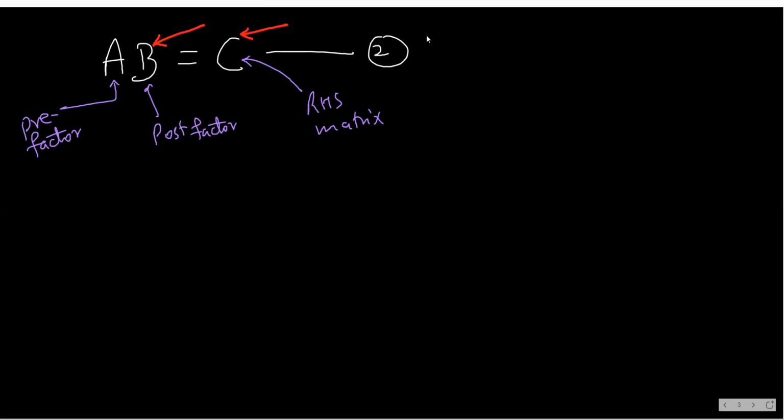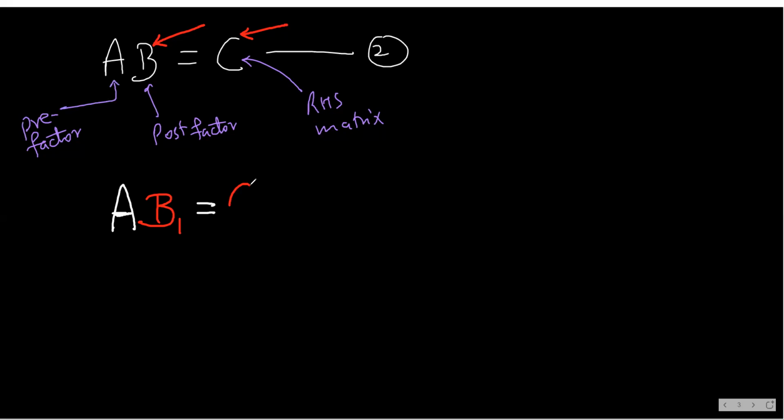Doing this, what happened? B got changed to B1. Was there any change in A? Absolutely no change. A is still A. So now the left hand side is A into B1. Will there be any change in the matrix C?